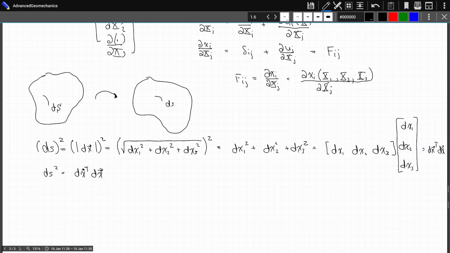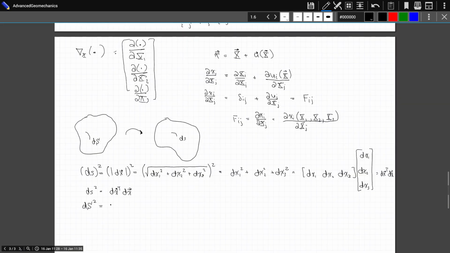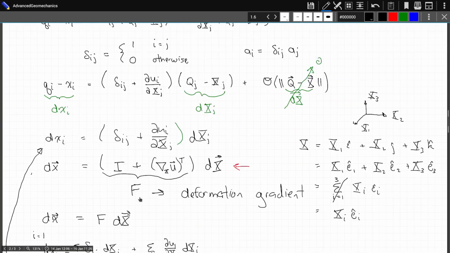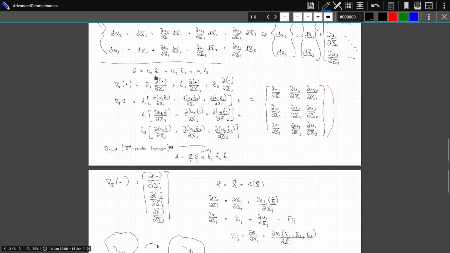All right. So using the same exact arguments, we can write that d big S squared is equal to, this writing app doesn't have a good wrist.